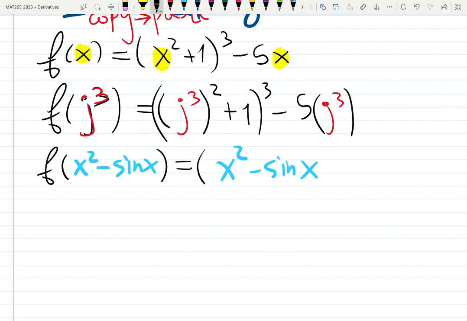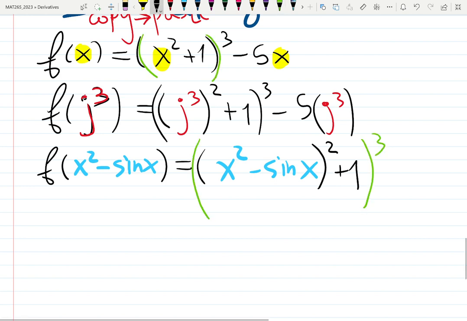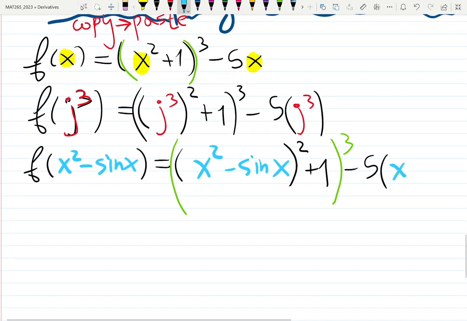What goes first? Square, because it was x squared, plus 1. No, it's correct. All of it cubed, that's the green one, minus 5 times the blue part, x squared minus sine x. Does it make sense?